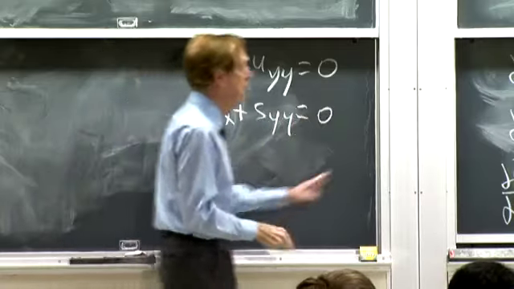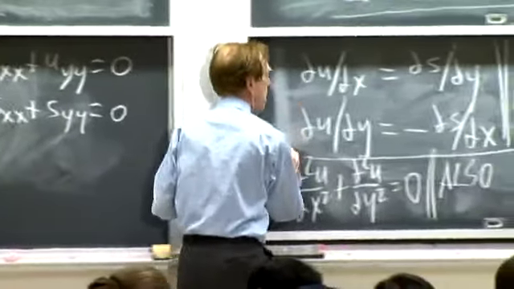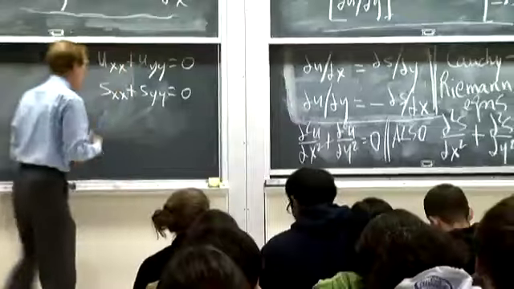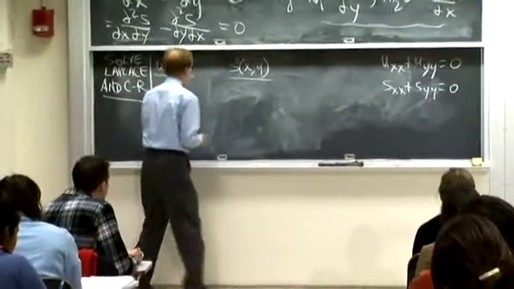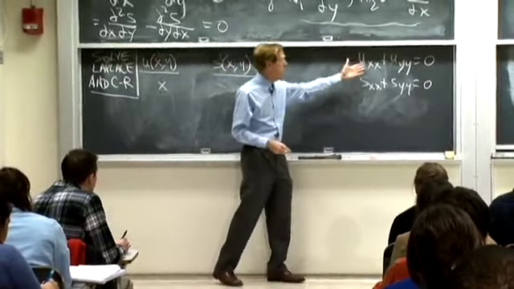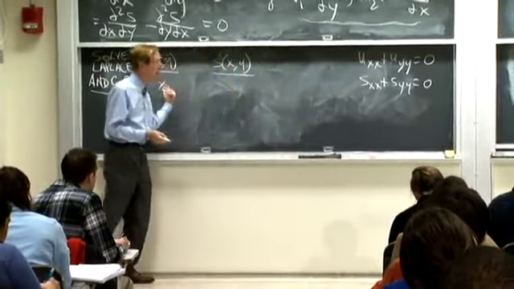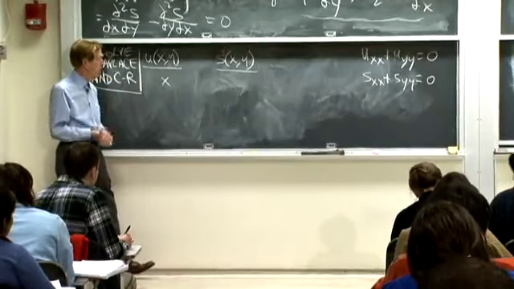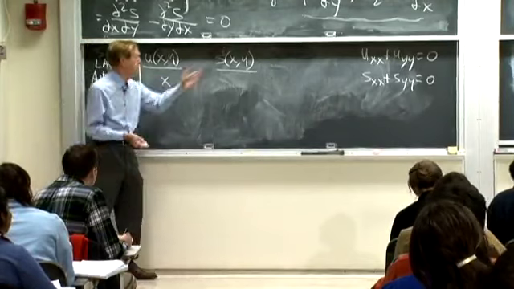But most of all, the Cauchy-Riemann that connects the two. Well, does u equal x solve Laplace's equation? Of course it does. The second x derivative, if the function is x, is 0, and the second y derivative is very, very 0.